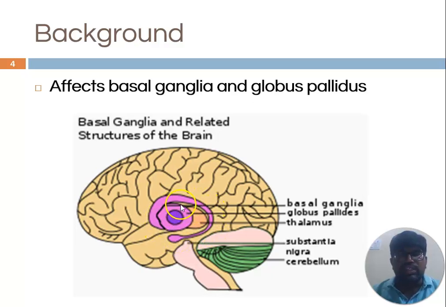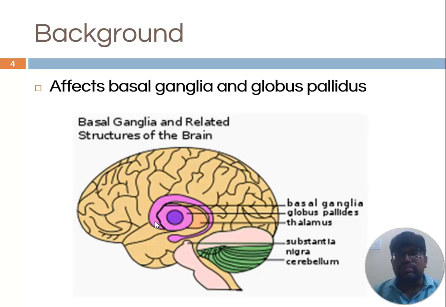Generally this basal ganglia is a rich site for dopaminergic neurons. From here, these nigrostriatal pathways are connected to the mesolimbic system, mesocortical system, and tuberoinfundibular system. So these nigrostriatal pathways and basal ganglionic regions are rich dopaminergic neuron sites.